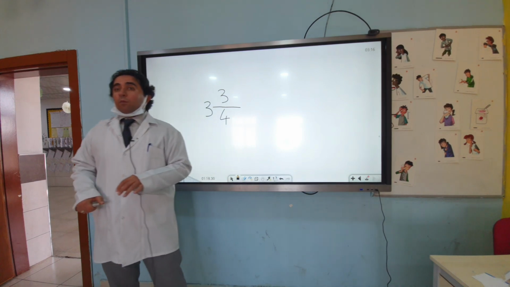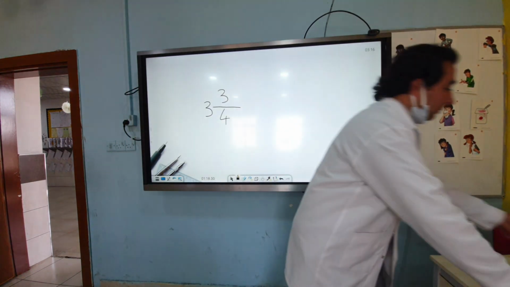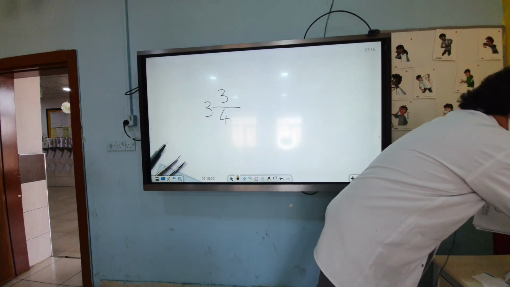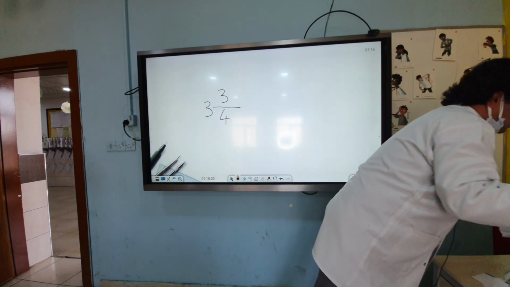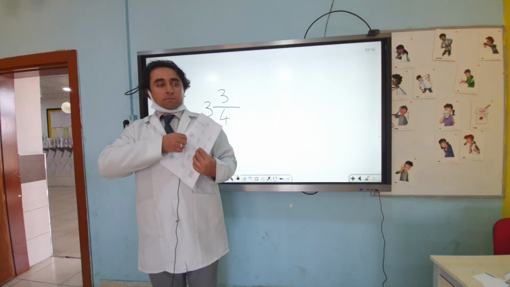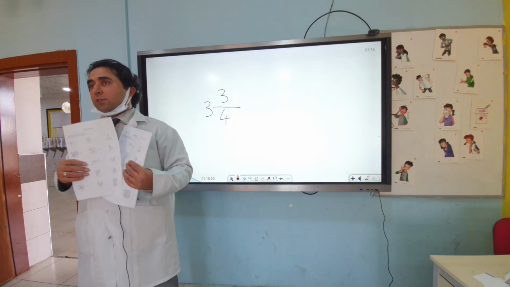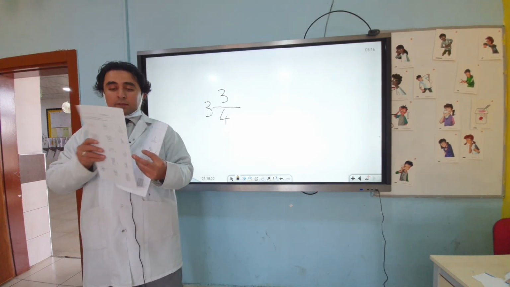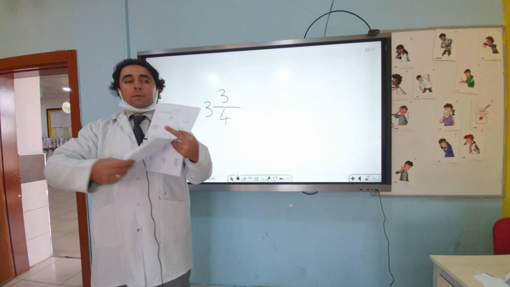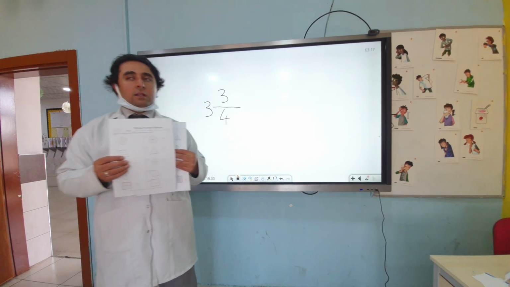Then, for remembering, as homework, I am going to share previous lessons' worksheets. Please. It is so obvious. You have to complete the numerator and denominator of the fractions. And at the back of the worksheet, you are going to see there are already fractions.